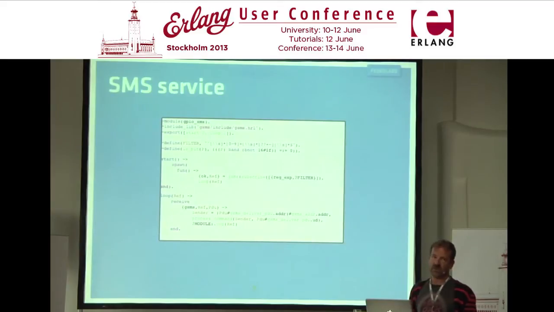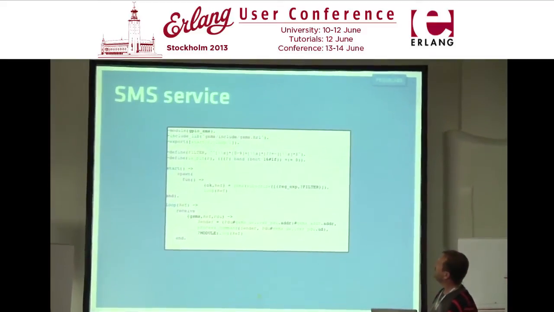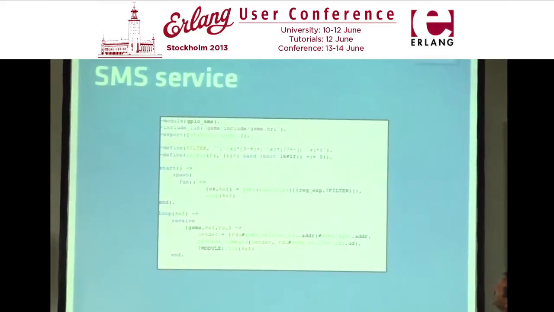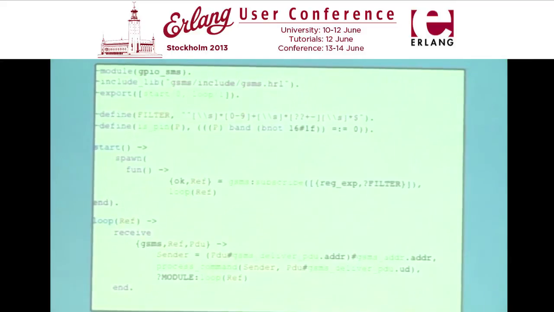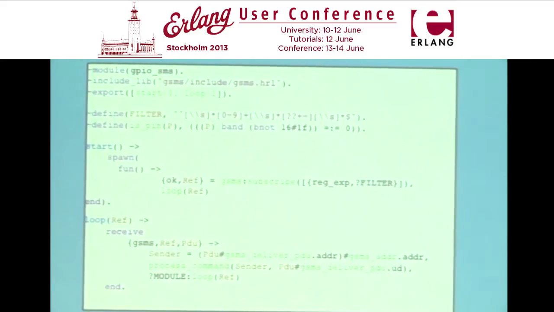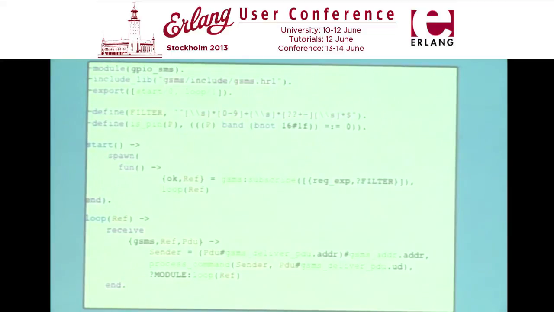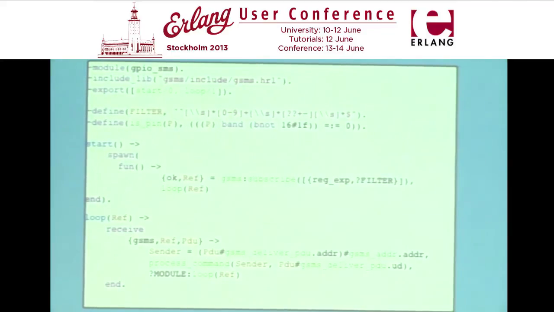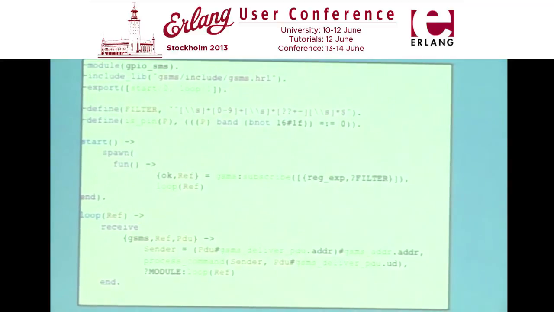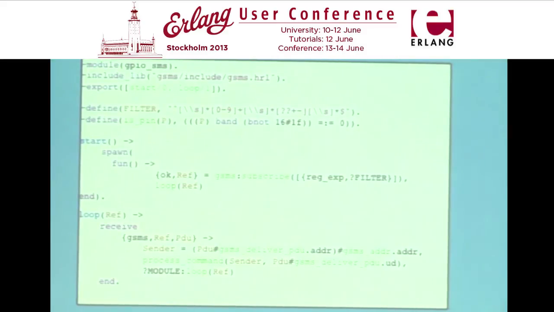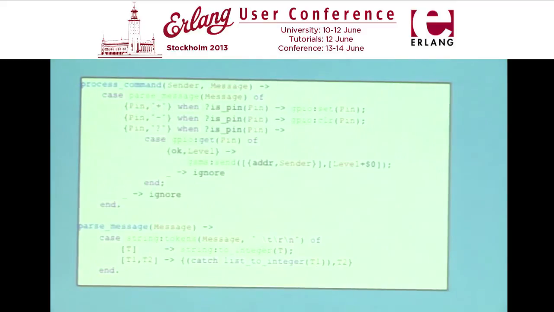If you look at the filter definition, it's like a regular expression, and you can end with question mark, plus, minus. So you create the subscription and you loop with the reference from the subscription. And when you get an SMS, you process the command, and then you loop.